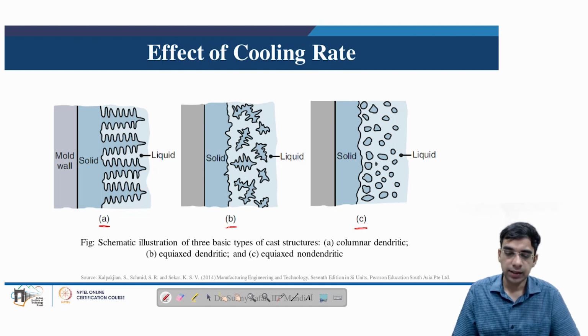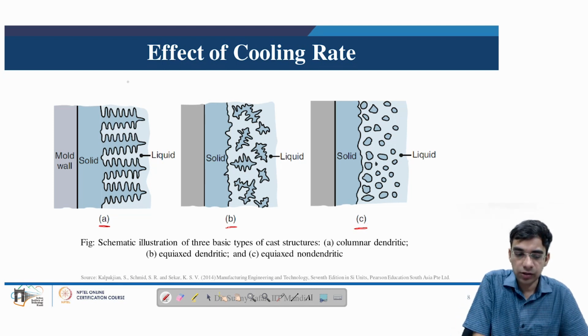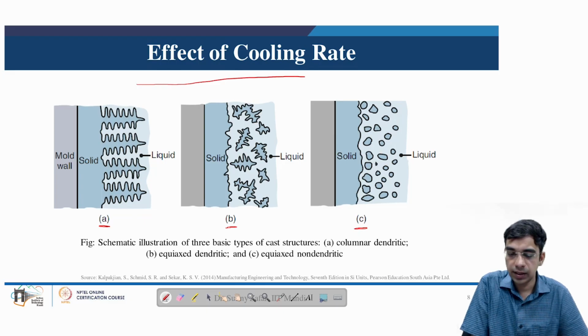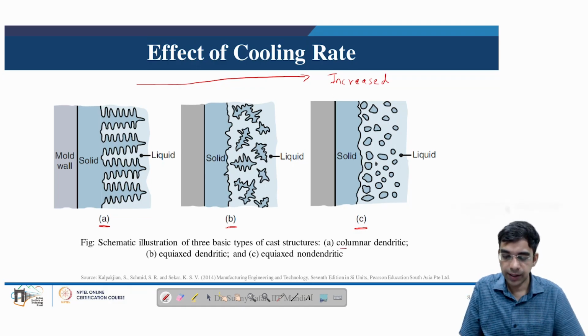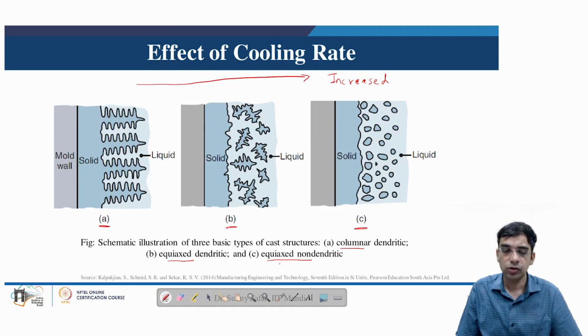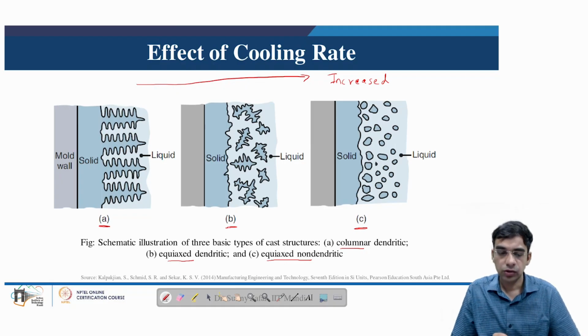So with increased cooling rate, we move from the columnar dendritic structure to the equiaxed dendritic structure, and a further increase in the cooling rate can result in an equiaxed non-dendritic structure. Why does this happen?